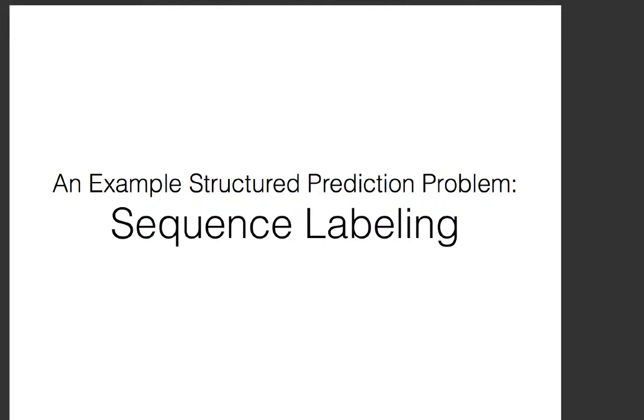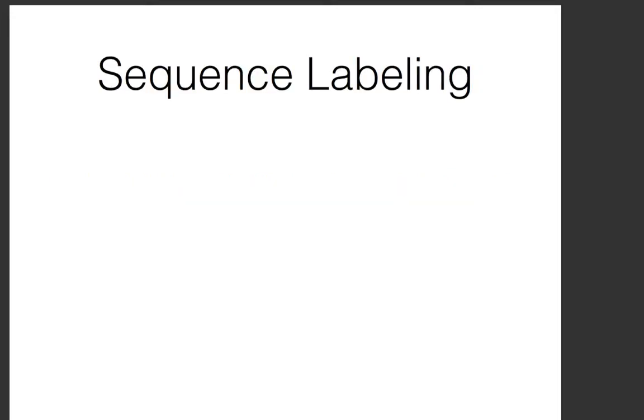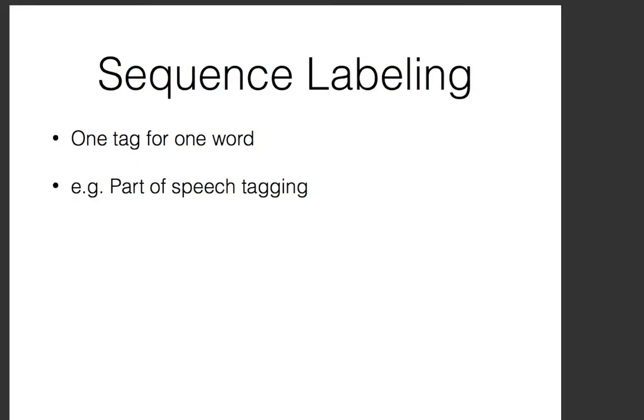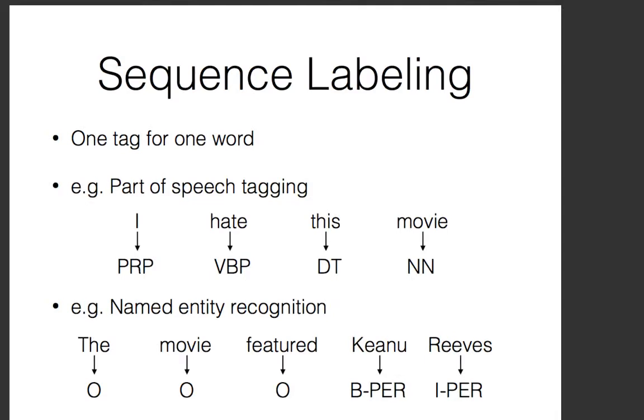So I'll talk about an example structured prediction problem. As I said, there's lots and lots of these problems, but I'll use sequence labeling as an example. So in sequence labeling, we have one tag for one word. For example, for part of speech tagging, we go from I hate this movie to preposition, verb, determiner, noun. It's also very common to try to label spans.